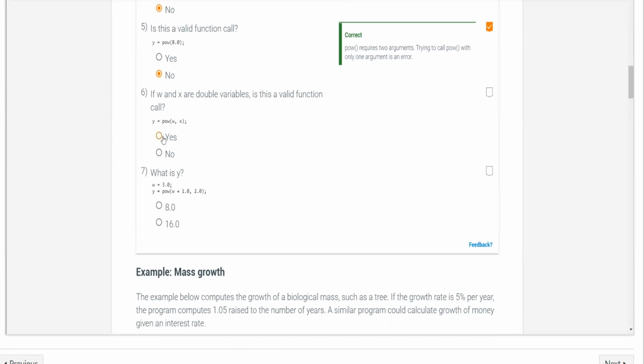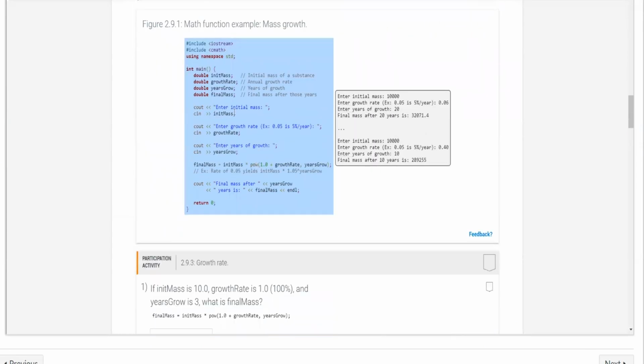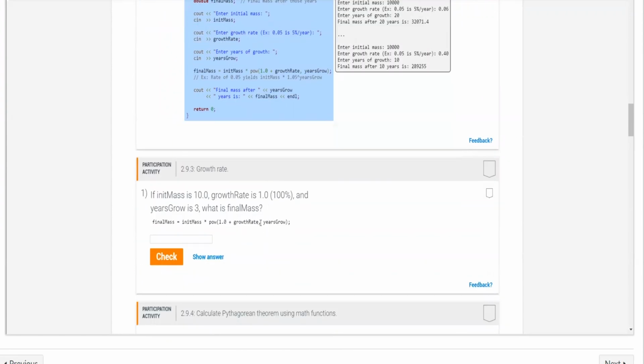But otherwise, yes, it is valid. And what is y in this one? Well, you can write it like this as well. It's pretty good. W is 3, and 3 plus 1 is 4, to the power 2 is 16. It has to give you 16. Play around with this.